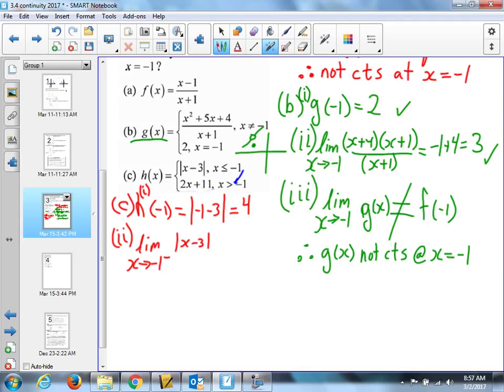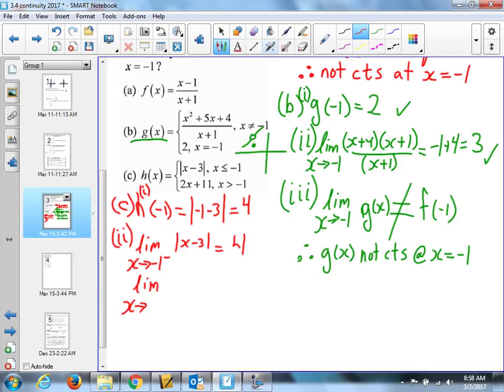Okay, so back to this. I can look at this and think, yeah, there's no use using -1.001. It's basically the same as -1 minus 3. So that's going to give me 4 from the left. I said from the right, my mistake, from the left.